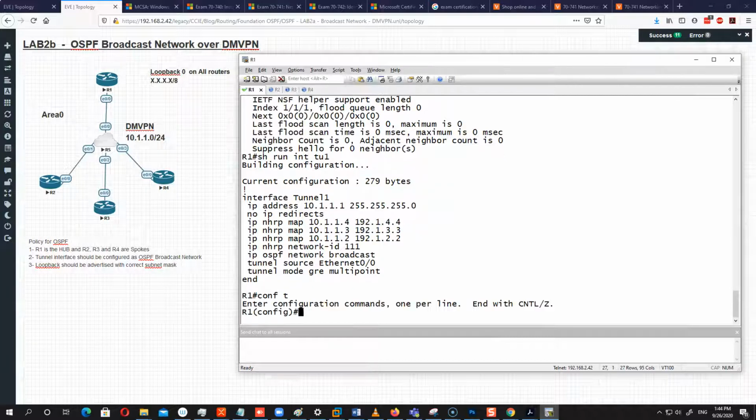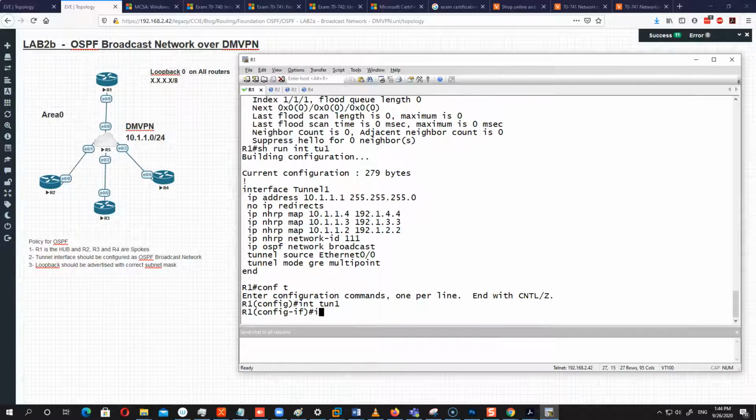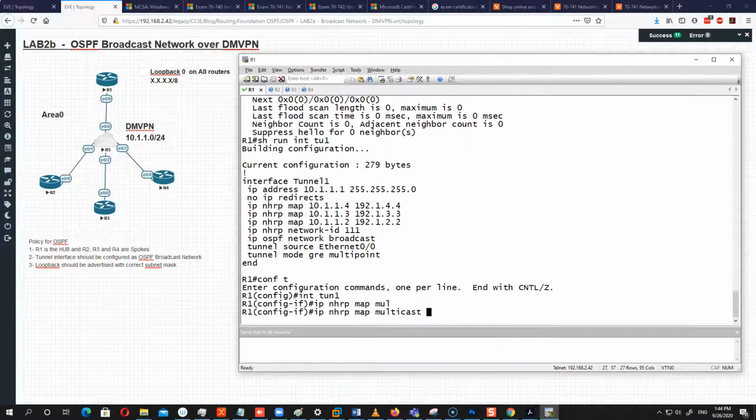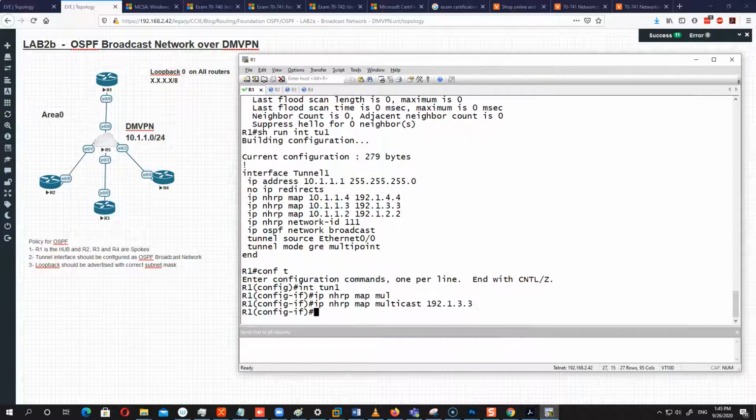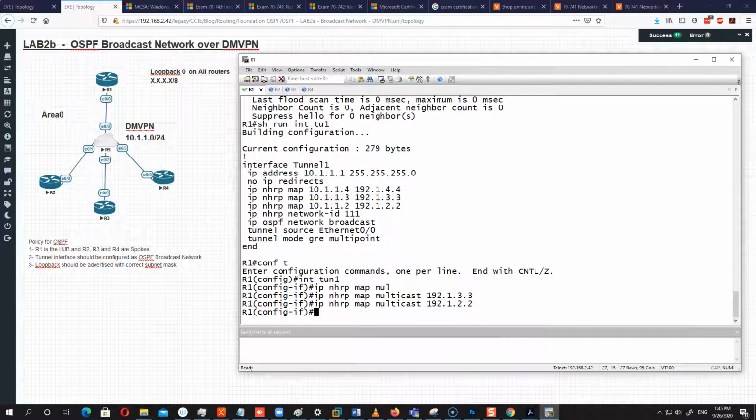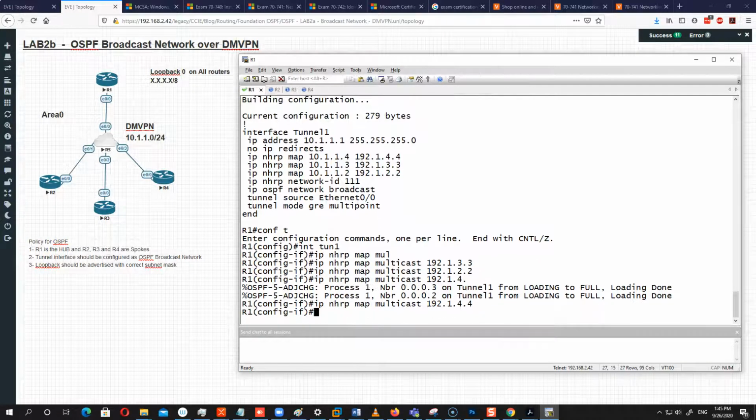So let's do this. Interface tunnel 1, IP NHRP map multicast, and then we have to do the same for all of them, right? So we have to do 192.1.3.3, 2.2, 4.4, right? And you see it soon started working.